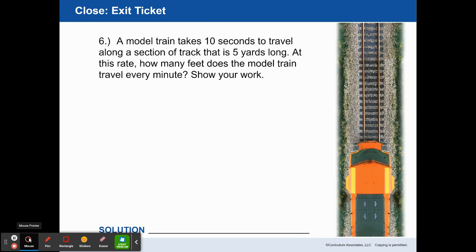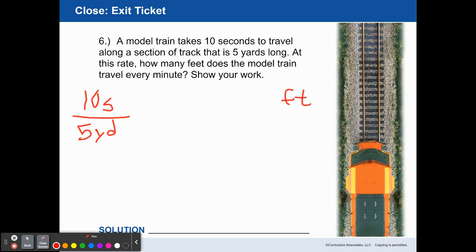All right. This one, I would like for you to complete on your own. It says a model train takes 10 seconds to travel along a section of track that is 5 yards long. At this rate, how many feet does the model train travel every minute? So, 10 seconds for 5 yards, and they're wanting to know how many feet per minute.